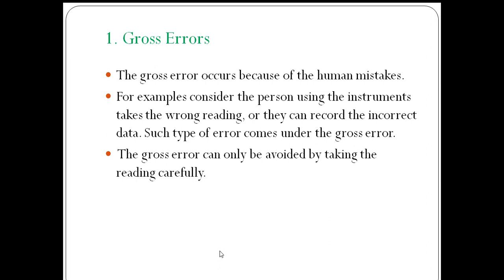The person who is operating has to be very cautious so that these gross errors are minimized. Gross error can only be avoided by taking readings carefully. We have to be very alert while taking the readings to reduce gross errors.